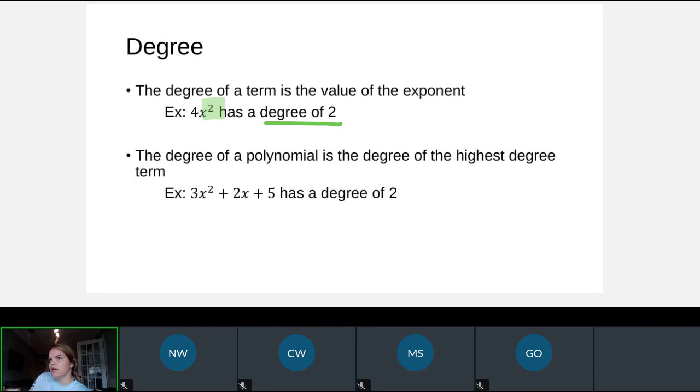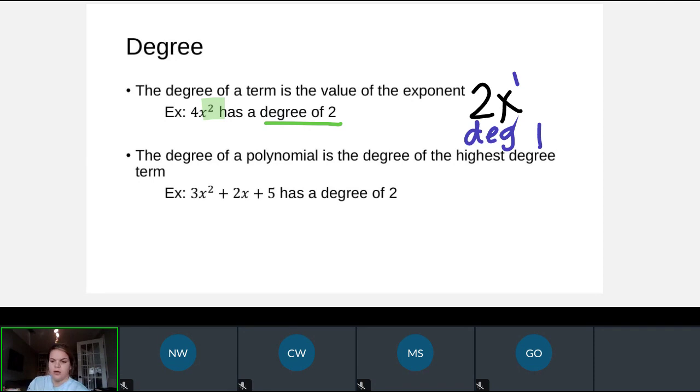Now, this is one that trips people up. If I had 2x, the degree of this would be 1, because there is an imaginary 1 on top of that variable. The exponent would be 1.